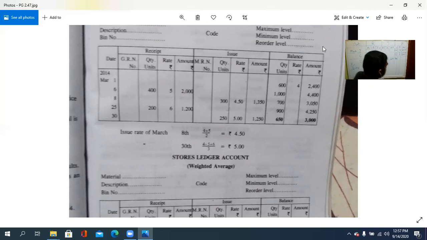No other price is there. So it is 3,050. How? 4,400 minus 1,350, simple. It is 3,050.